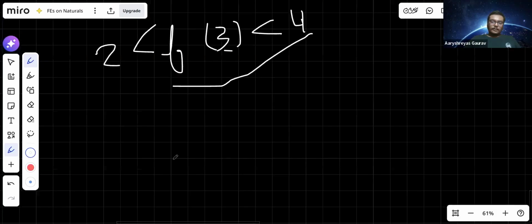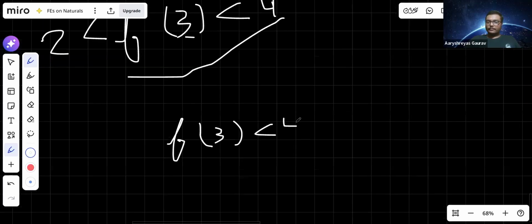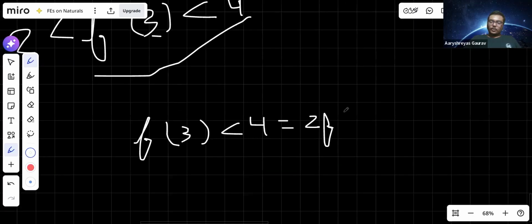So the best thing, wait a second, f of 3 less than 4. I will be trying to motivate how to brute force here as much as I can. We need to get this. We can already see this because f of 2 is 2.